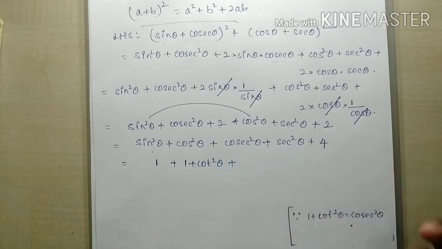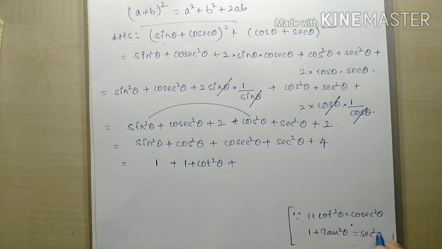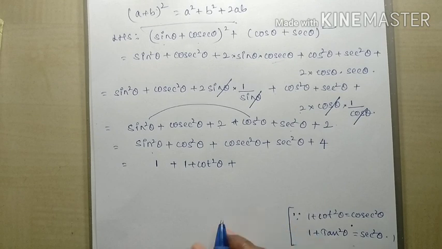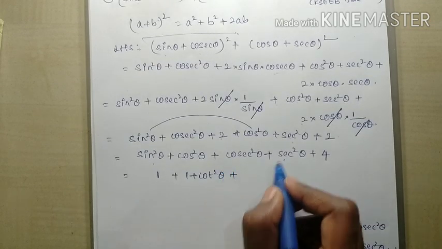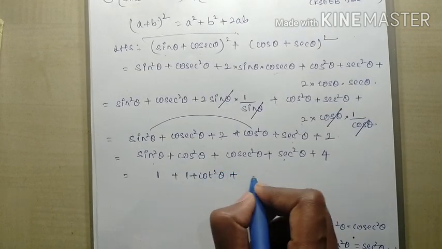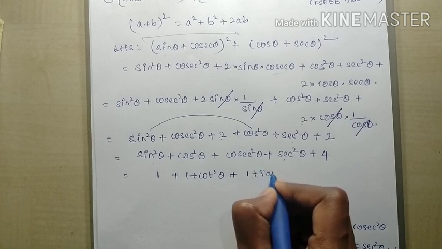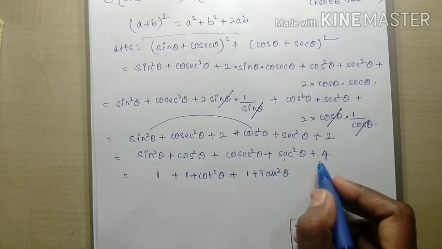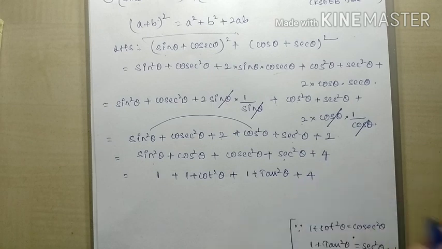Again, now secant square theta is nothing but 1 plus tan square theta equals secant square theta. So in the place of secant square theta, I'll use 1 plus tan square theta. Now remaining plus 4.